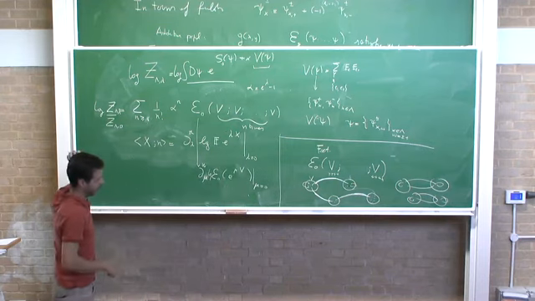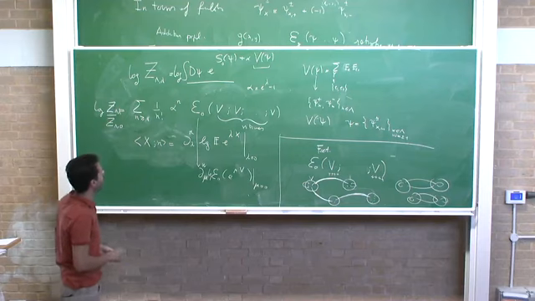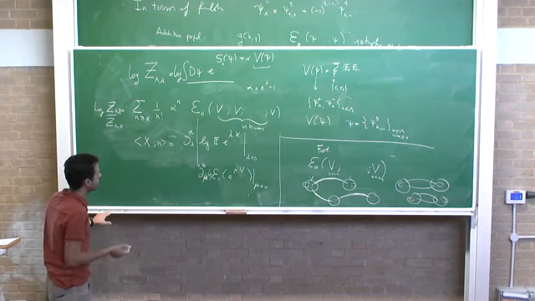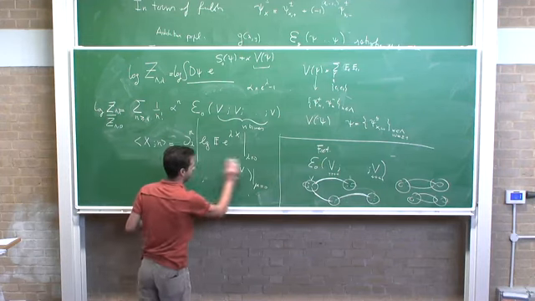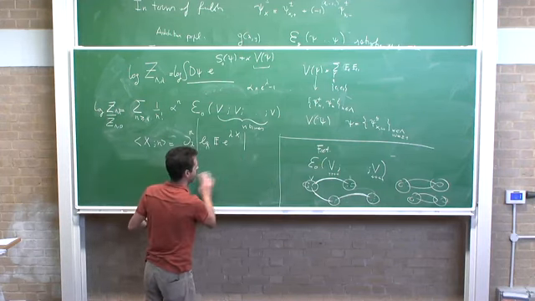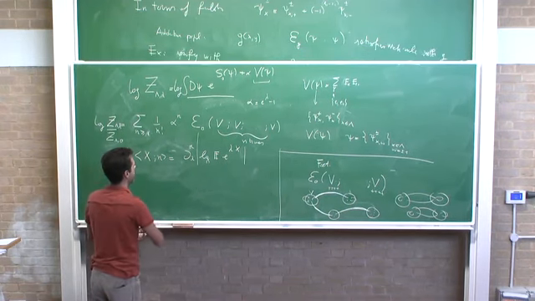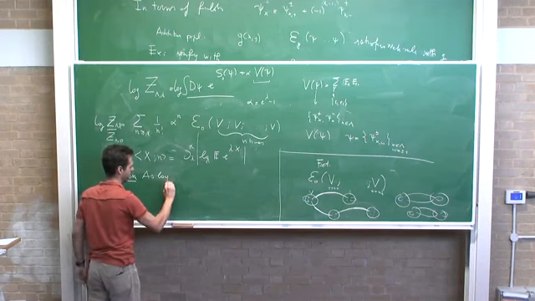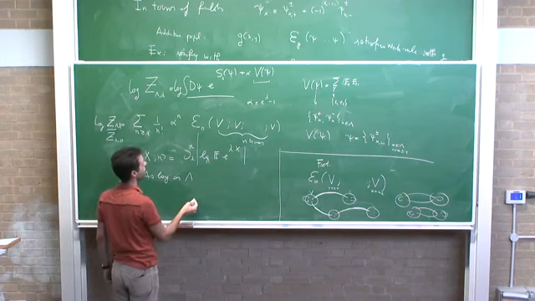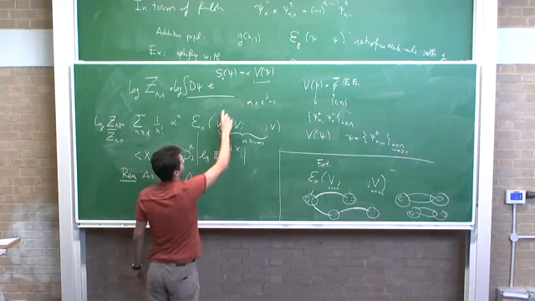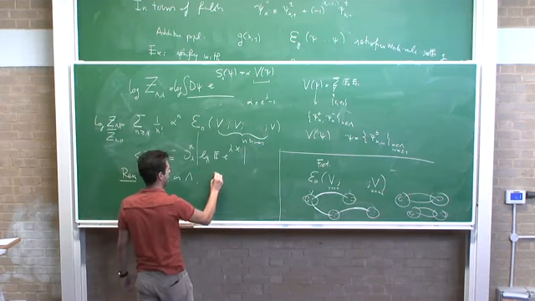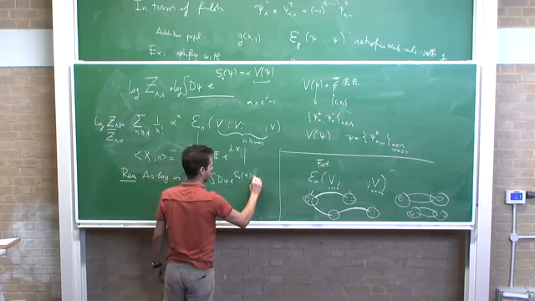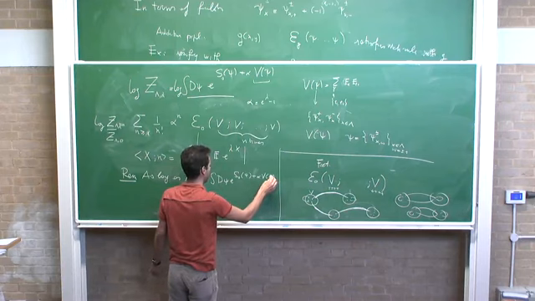This is kind of messy. You might wonder, am I allowed to expand or not? To be conservative, let's say the following. Remark: as long as the volume is finite, you have just a finite number of Gaussian variables, and then this integral, however complicated, is a polynomial in alpha.